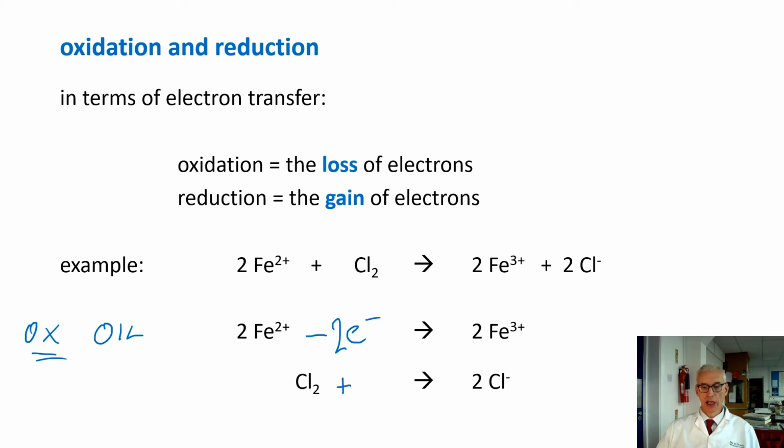That occurs by each chlorine gaining an electron. And we know that gain of electrons is reduction. Reduction is gain. You may have come across that at pre-A-level work, GCSE or whatever. So we would call these the oxidation half equation and the reduction half equation.